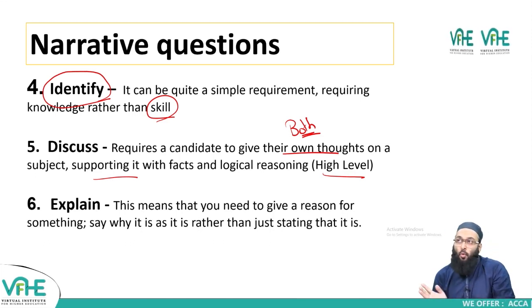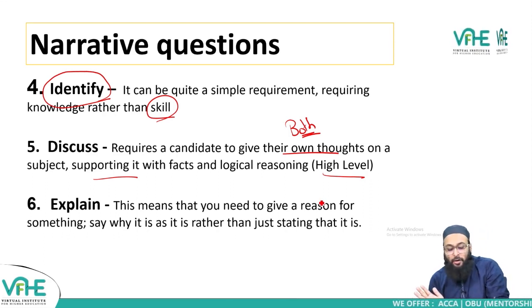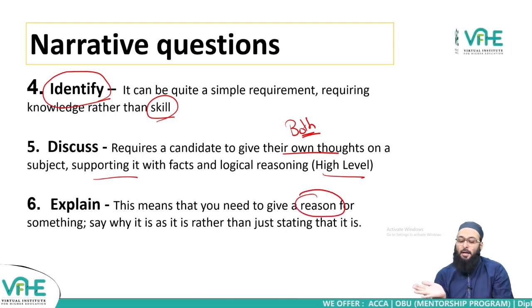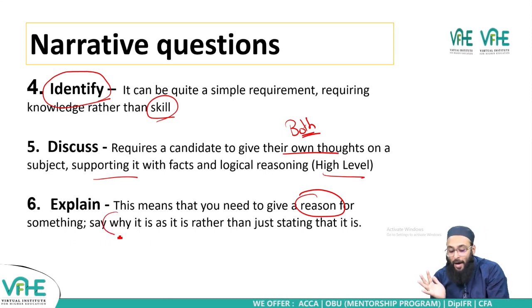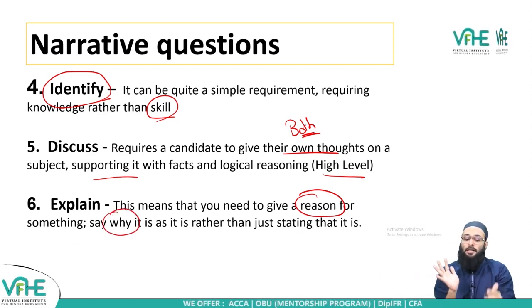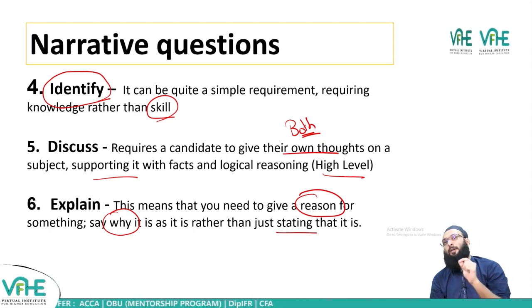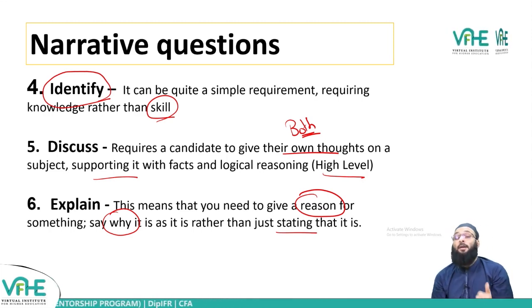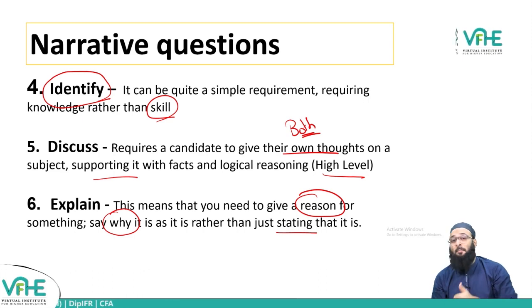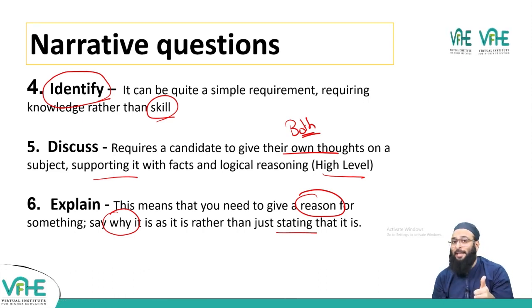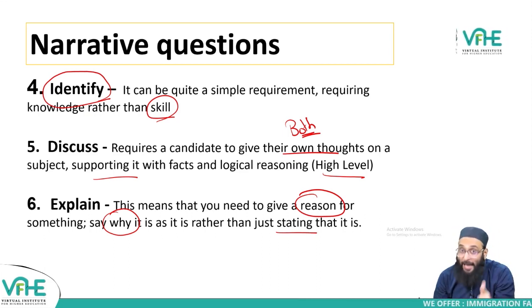So whatever you explain, you need to have a reason for that. You need to tell why, rather than just stating it. You will not get marks. The marker will not give you good marks in that case because the marker required you to explain here.